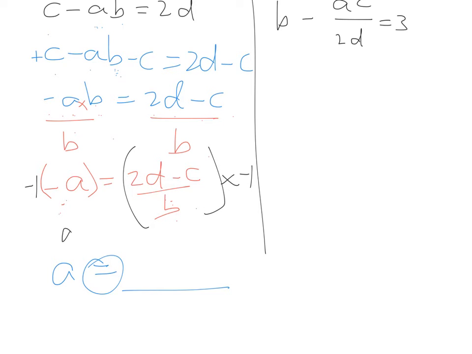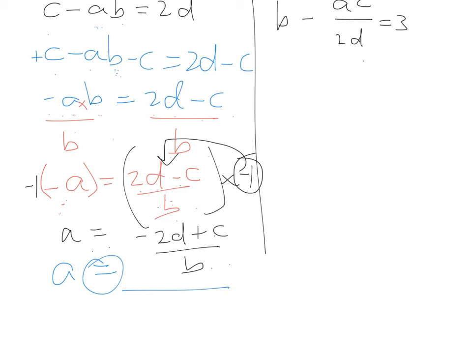So we're left with A equals, and like I said, this will be multiplied by negative 1, so negative 2D will become plus C, and that is just going to be still over B, because we've taken this negative and we've multiplied it by what's at the top, not the bottom. That's just how it works. So that's what we end up with. A equals negative 2D plus C, over B.